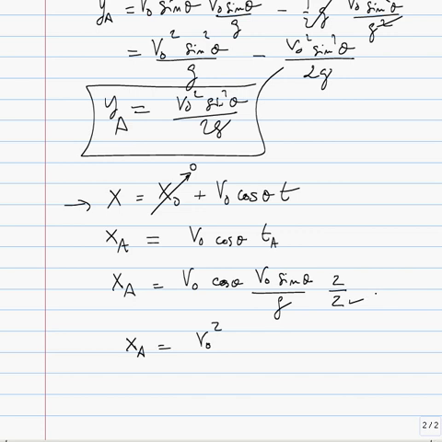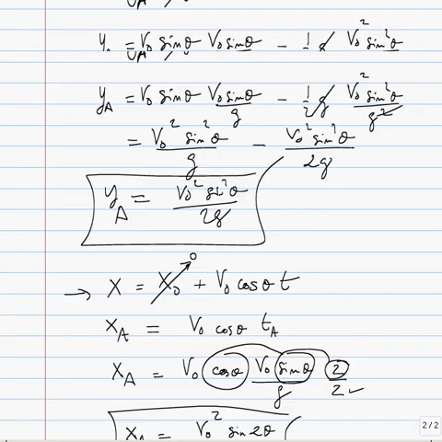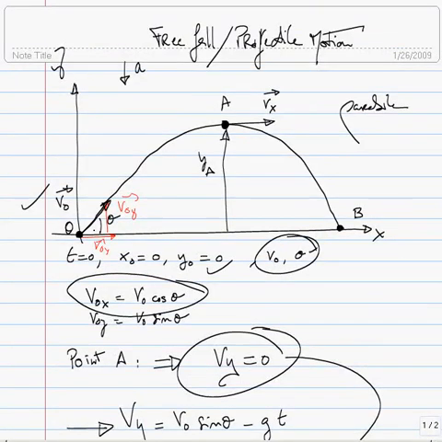I'm going to keep this one intact, but I'm going to merge this little 2 with this sine and this cosine, so I can replace 2 sine cosine by sine 2 theta. Just to make it pretty, but you don't have to, it's up to you. Okay, so now I got the position at A, xa.